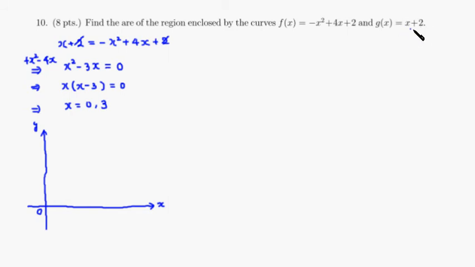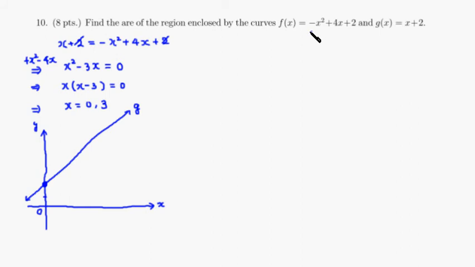The slope is 1 and the y-intercept is positive 2, so I'll put the positive 2 right here with a slope of 1. It's just a straight line, and that's our g of x.